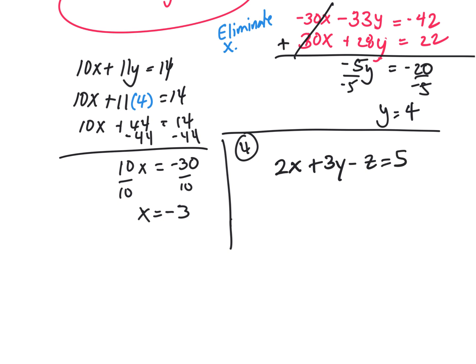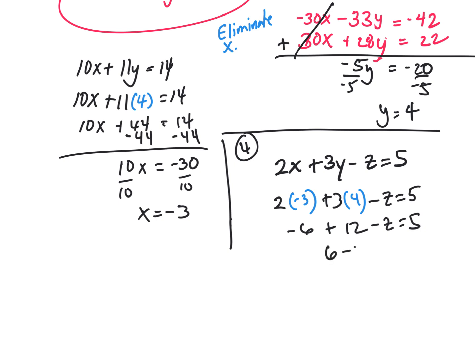Okay, I know x is a negative 3, and I know that y is 4. Minus z equals 5. 2 times a negative 3 is a negative 6. 3 times 4 is 12. Minus z equals 5.